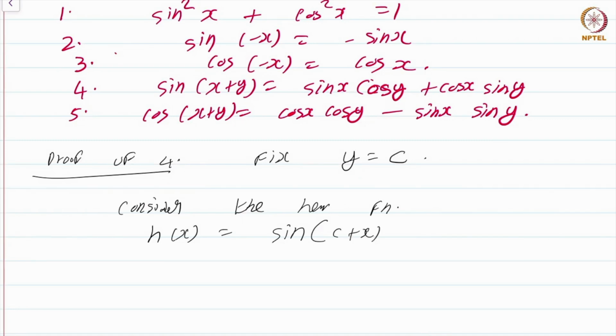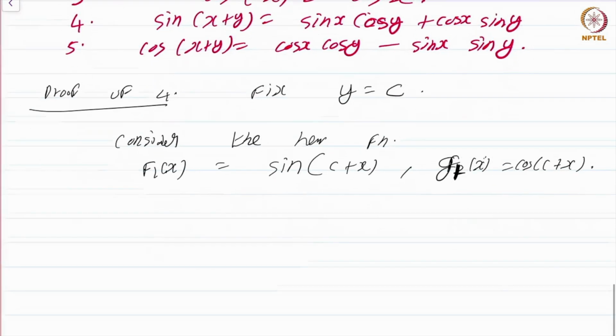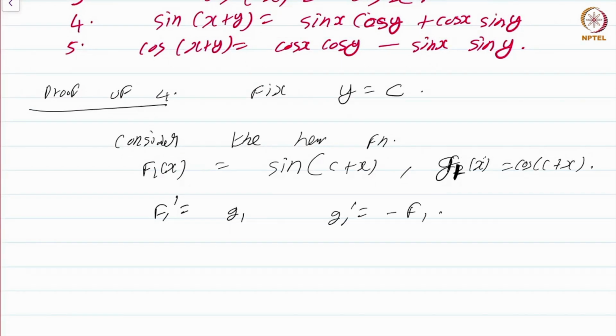Or rather, let me reuse notation. Set f1 of x to be sine of c plus x and g1 of x is cos of c plus x. Now observe that f1 prime is equal to g1 and g1 prime equal to minus f1. This follows immediately from the chain rule.